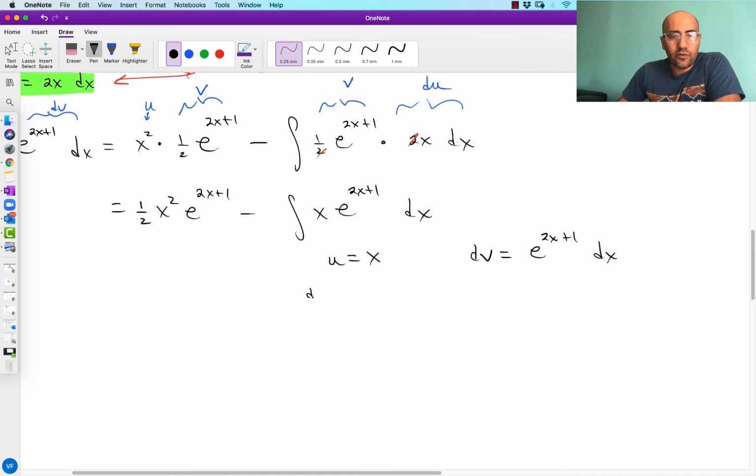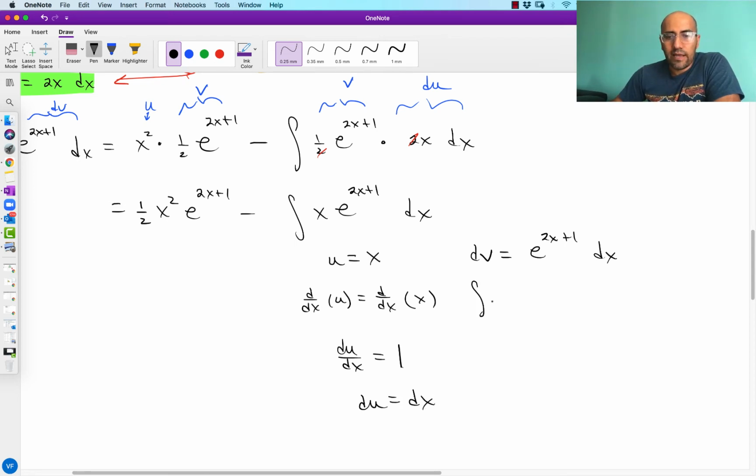So now when I take the derivative, d/dx of u equals d/dx of x. That gives me du/dx equals just 1. So my du equals dx.